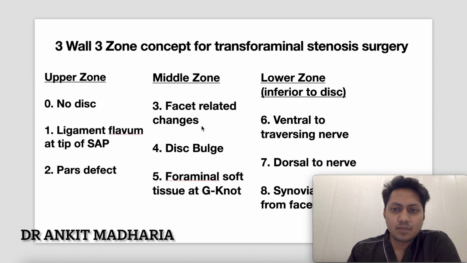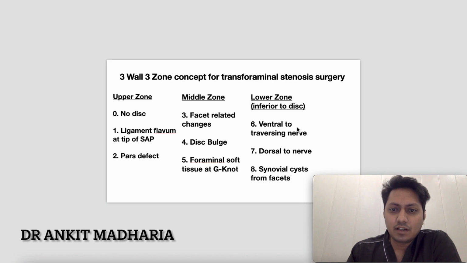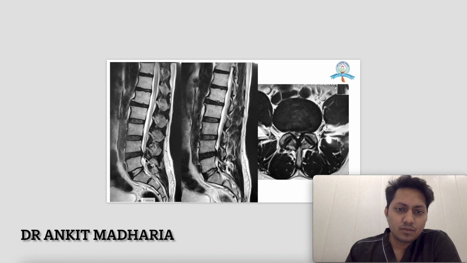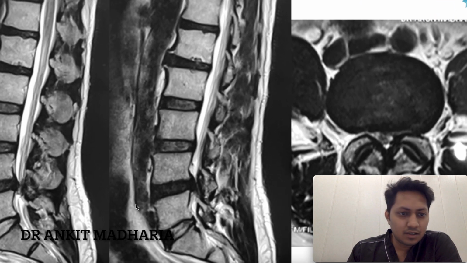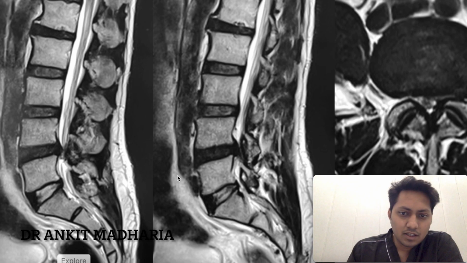There are also some features in the lower zone that we'll have to look at, that is the ventral surfaces that will be compressing the traversing nerve. These are the things that we mostly neglect when we are doing an open surgery. If you look here, there is a bulging disc lying inferior to the disc level, so there will be some osteophytes over here which would be compressing the traversing root.